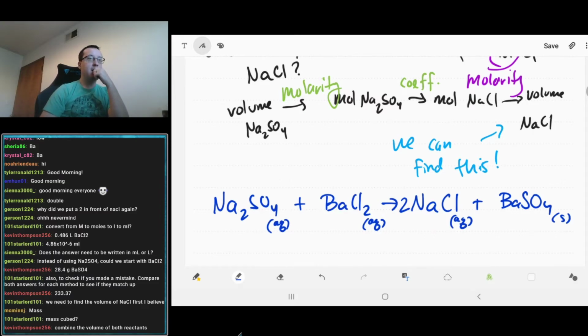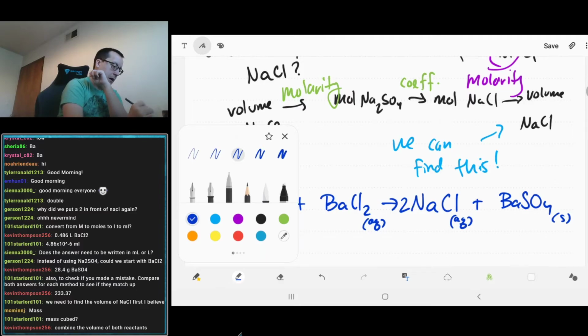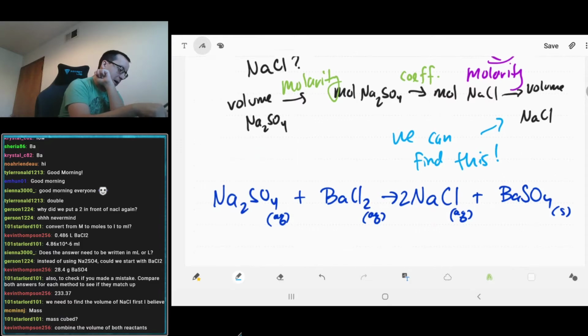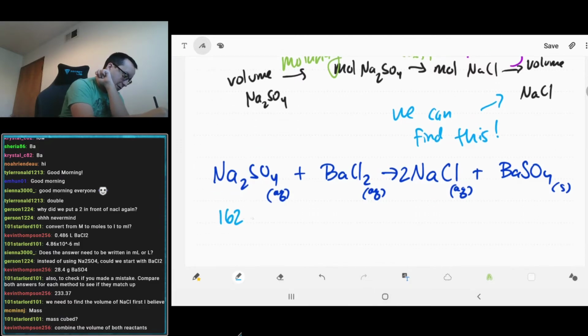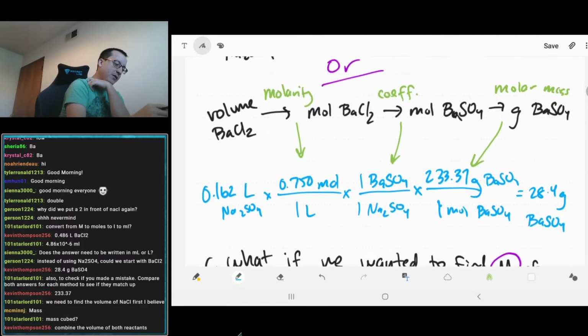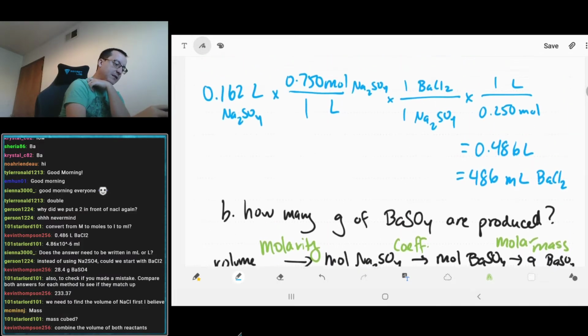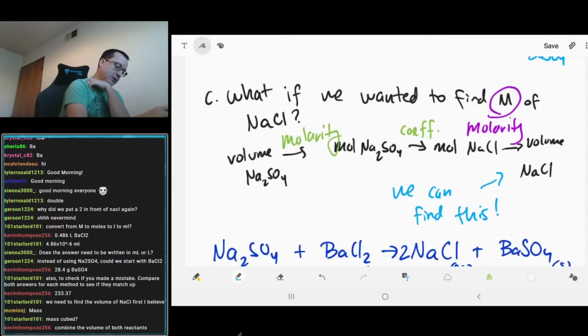Okay. So, looking at these, we should remember we had 162 mL of solution here, and we had, I'm just trying to remember these, 486 and 162. Okay.